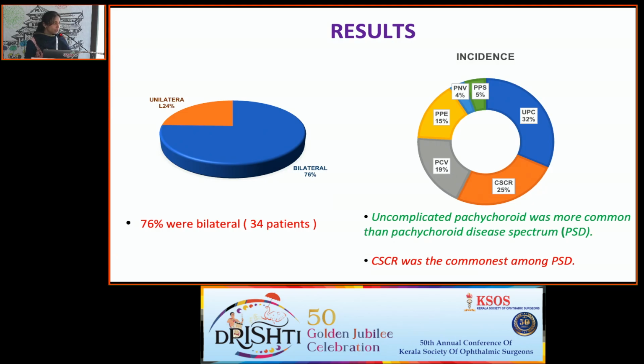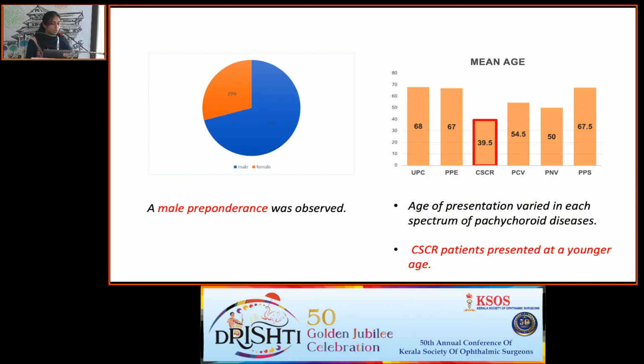Among the pachychoroid disease spectrum, central serous chorioretinopathy was the most common. A male preponderance was observed. The age of presentation varied among the entities, with central serous retinopathy presenting at a younger age, an average of 39.5 years, and uncomplicated pachychoroid, pachychoroid pigment epitheliopathy, and peripapillary pachychoroid spectrum presenting at an older age.